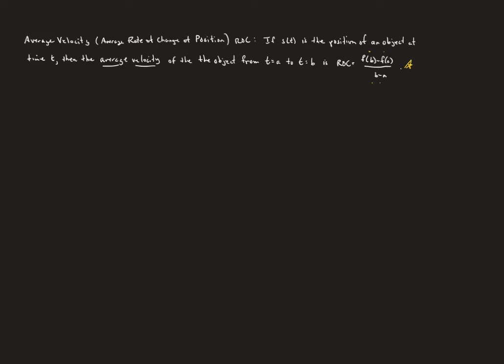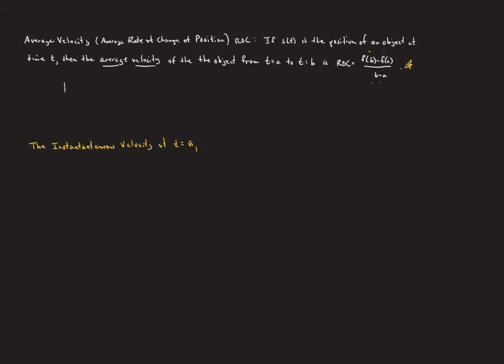Now, if we want to look at the instantaneous velocity, so we are interested in finding not the average velocity, but the instantaneous velocity at t equals a, then we're going to first think about changing our notation a little bit.